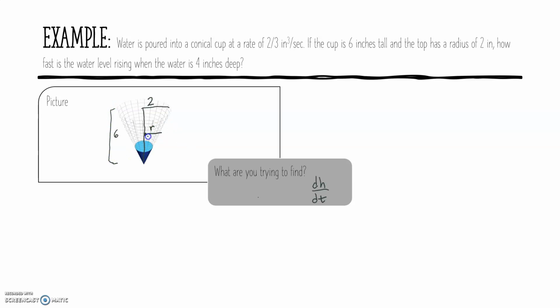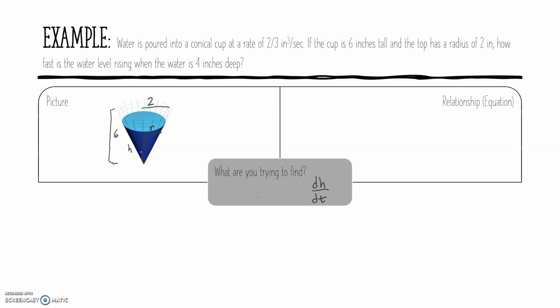But the height of the water is changing. The height of the water is h. And I'm trying to indicate this part, but you can't see my writing on the blue there. Okay. So there are two different relationships that we have.